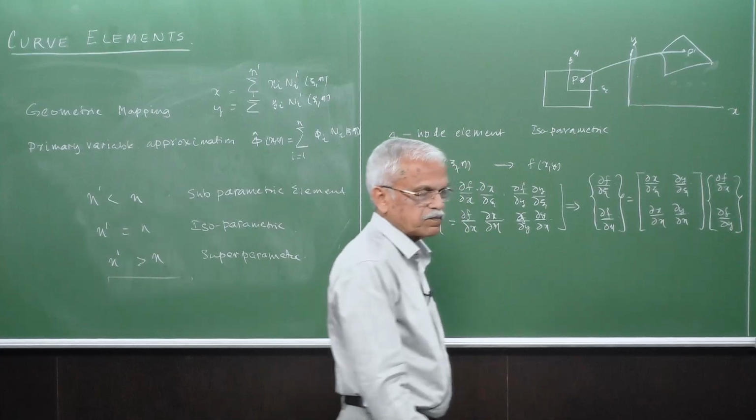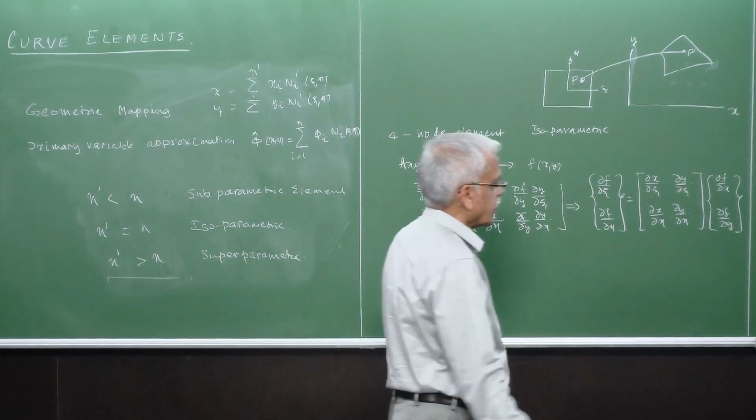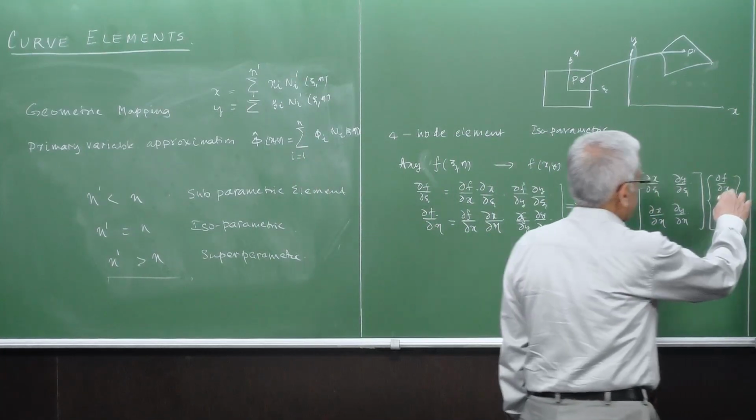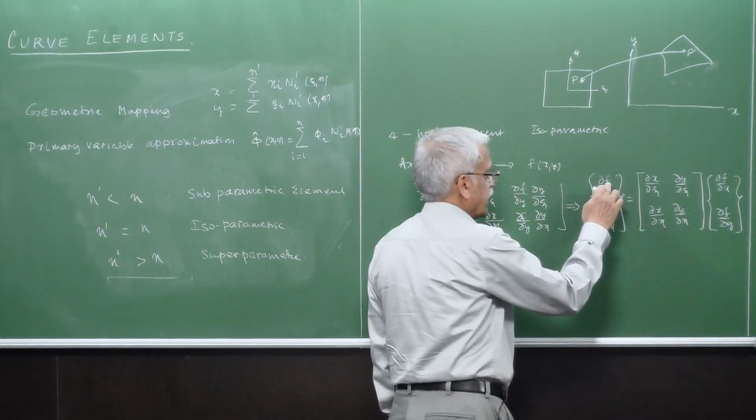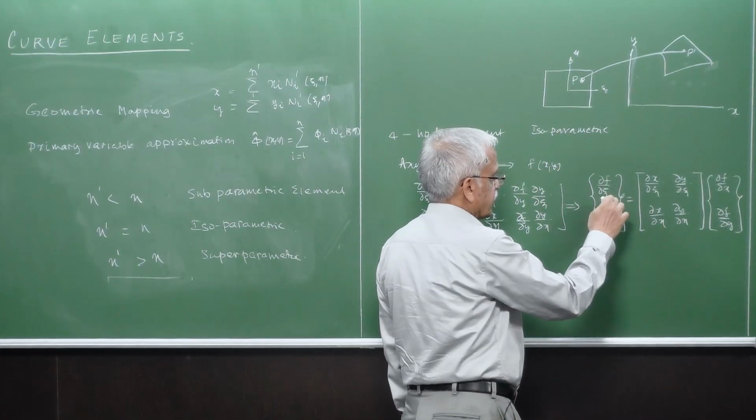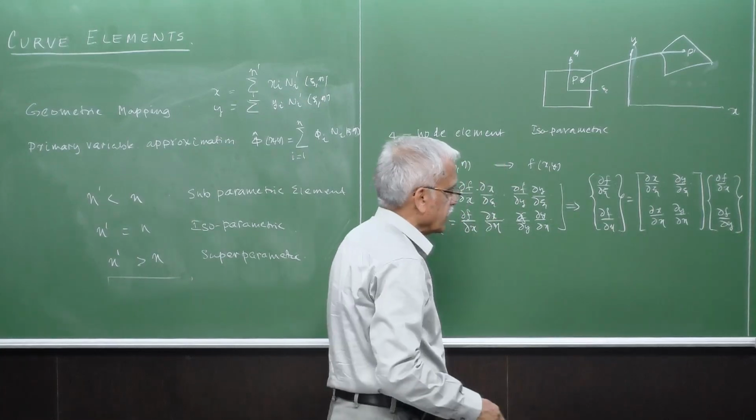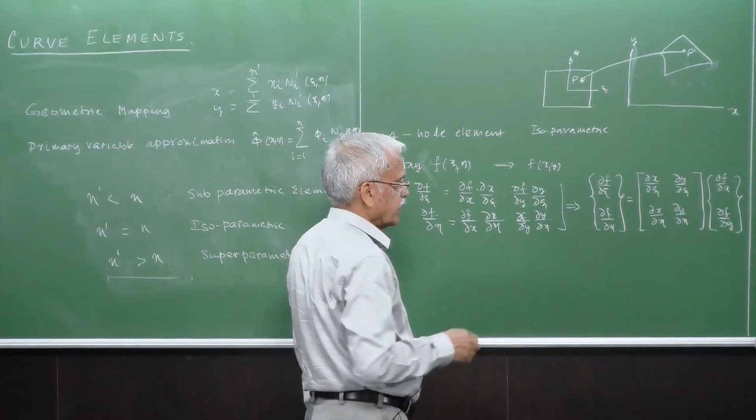So this is the relationship between the derivatives of any function with respect to x and y, which can be related to the function f with respect to xi and eta. In fact, it is the other way which we want.